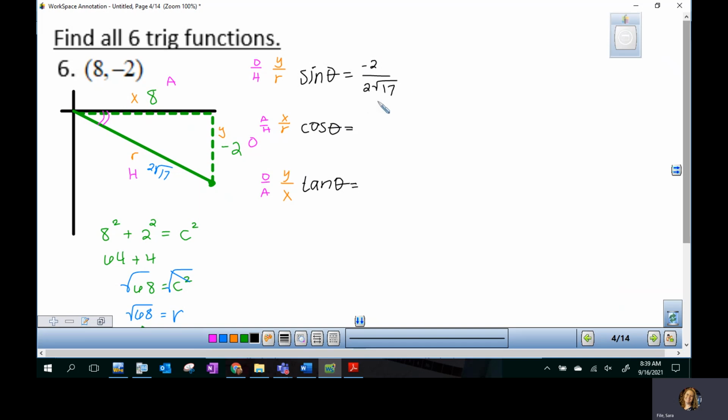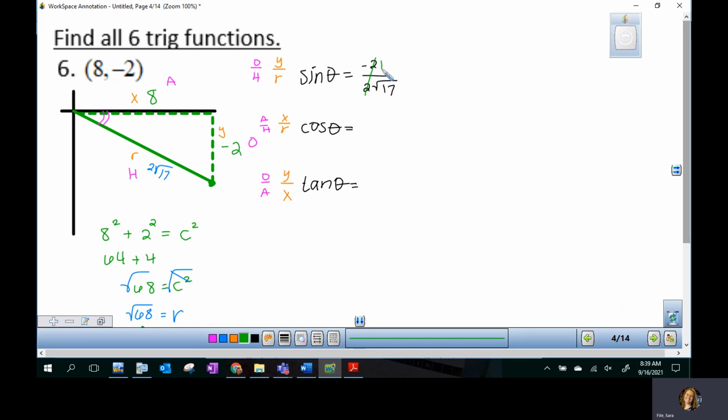That is not a rational or simplified answer, is it? Rational means there's no radical in the denominator. This is not rational, it's irrational. And this can be reduced. What can you reduce here? The 2 over 2?